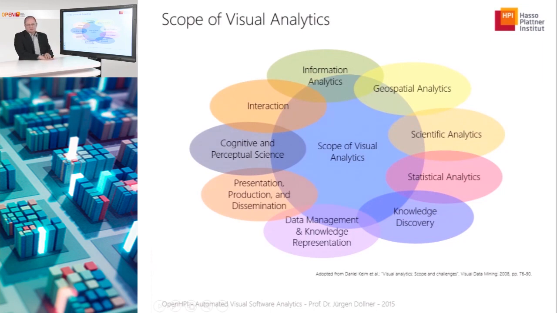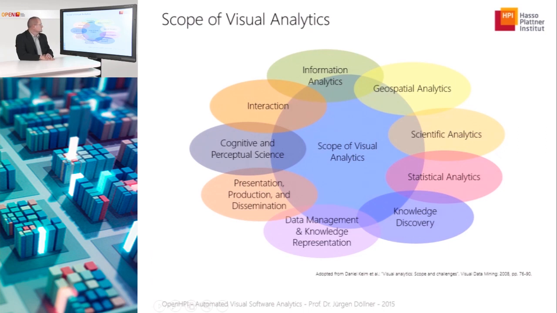What is the scope of visual analytics? Visual analytics is a multidisciplinary approach, as you can see in this diagram. Visual analytics includes scientific fields such as statistical analytics, knowledge discovery, data management, and knowledge representation, including data mining.